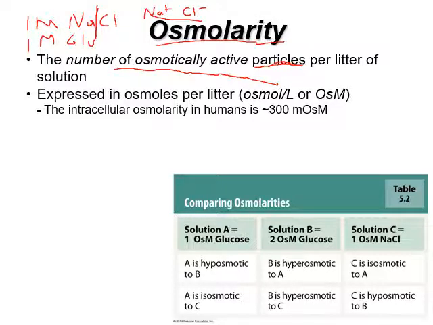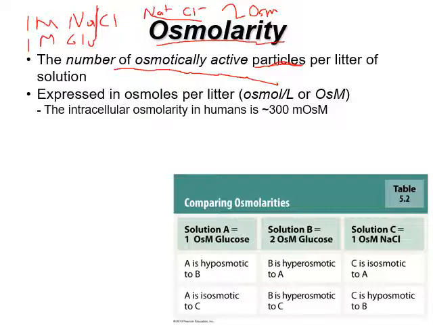So a 1 molar solution of NaCl is actually 2 osmoles, because it's the number of particles for osmolarity. Where glucose is a covalently bonded molecule. Glucose doesn't break up. It doesn't get dissociated in water.